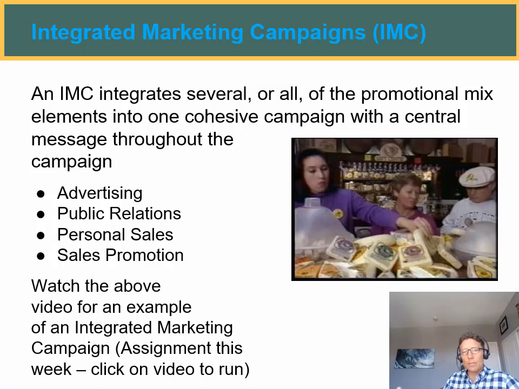Okay, Nate, so what were examples of personal sales on the California cheese integrated campaign? Well, the short answer is there weren't. You might think, but wait a minute, what about the sampling that they did in the stores where they were giving folks samples of cheese to get them to buy cheese? Isn't that personal sales? It's not. Why?